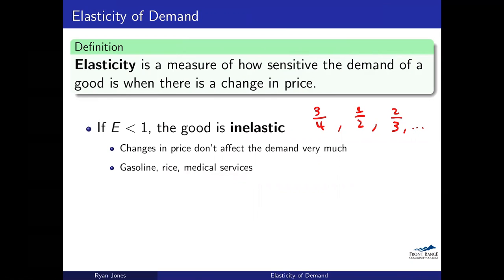They could charge you $1, they could charge you $100, they could charge you $10,000, and it's not really going to change your likelihood of purchasing those medical services, because it's something that you drastically and direly need. So if I increase the price of medical services, it's not really going to change how much people use them, because they have to use them, otherwise they might die, or live with a broken arm or something like that.